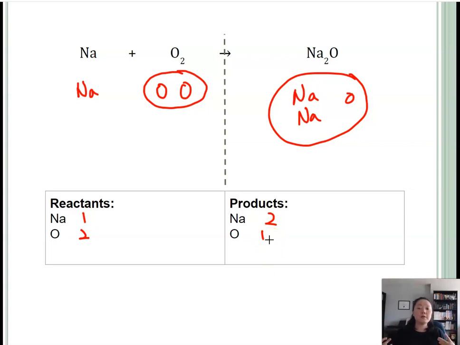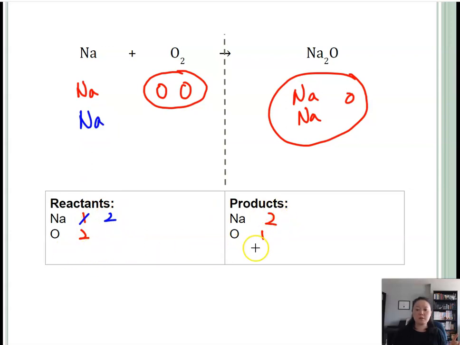Choose either one of them to start with. Usually in balanced chemical equations, you leave the oxygens and the hydrogens to the very end because typically you end up seeing oxygens and hydrogens in several different places. So if we use that rule, let's balance out our sodiums first. So by adding another sodium on this side, now you have 2, and those are balanced.